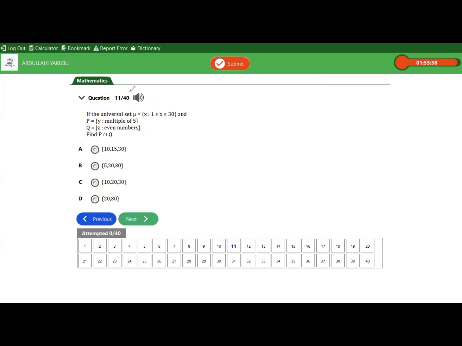We have to find P intersection Q. So in order for us to find P intersection Q, that is the elements that are common to both set P and set Q.